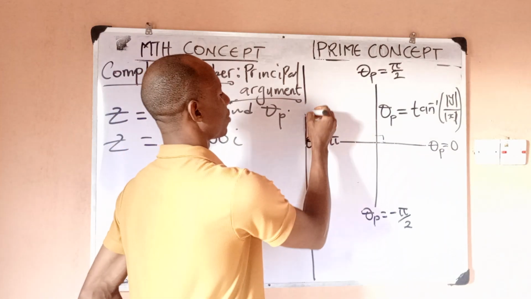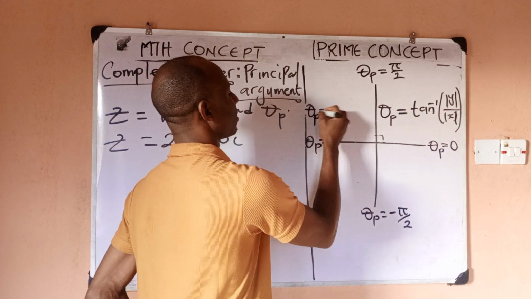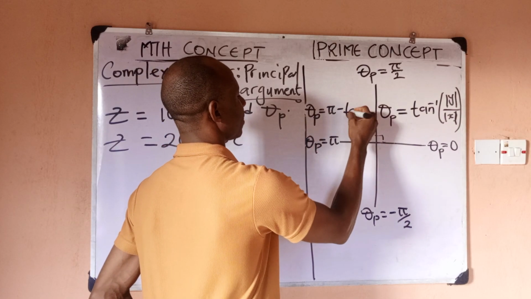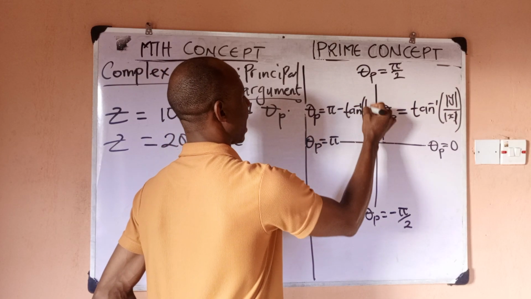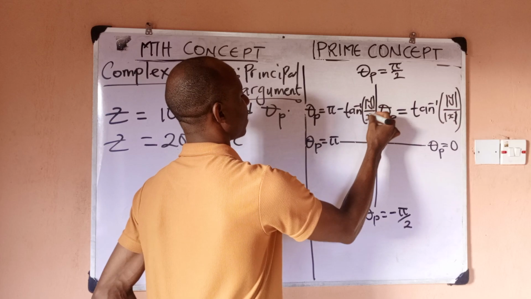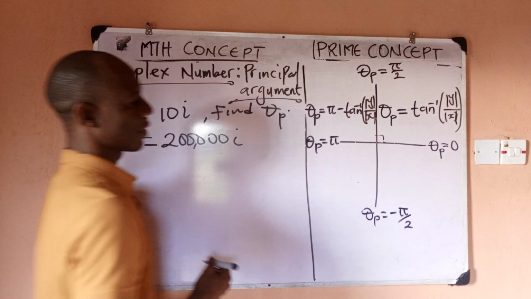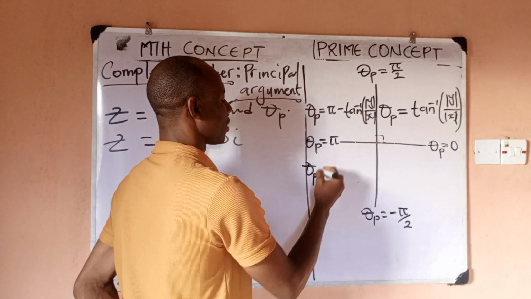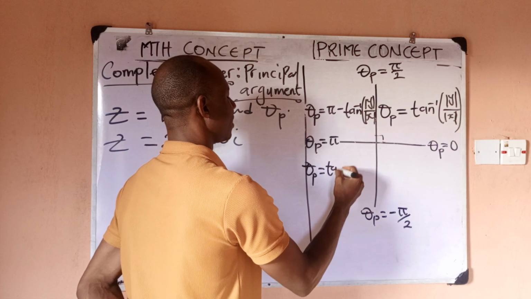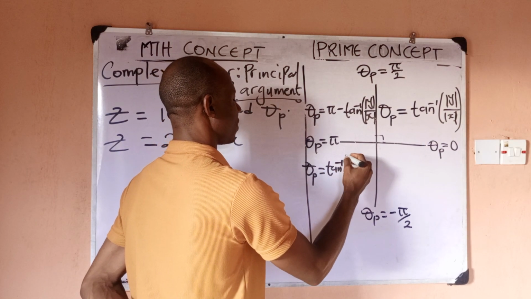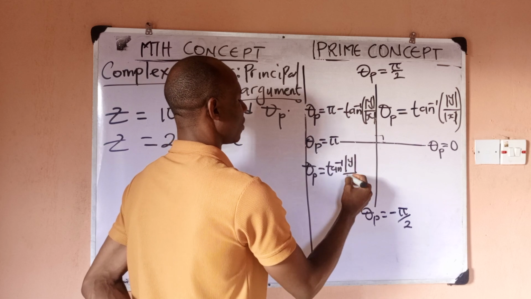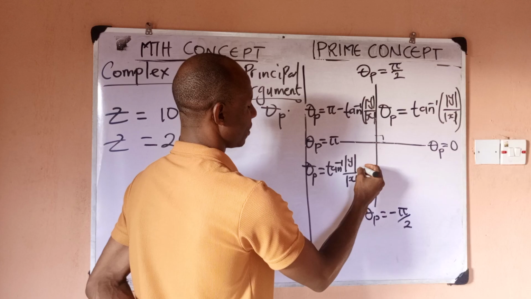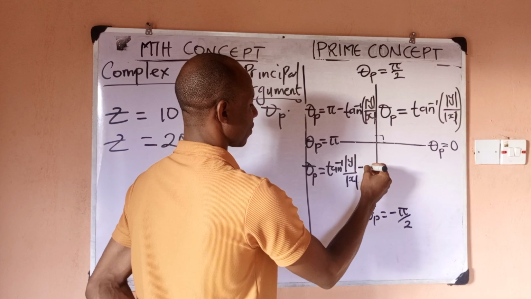Now for the second quadrant, our principal argument is going to be pi, which is 180, minus tan inverse of the absolute value of y over the absolute value of x. If we're in the third quadrant, then our principal argument is going to be tan inverse of the absolute value of y over the absolute value of x, right? Then this is going to be minus pi.